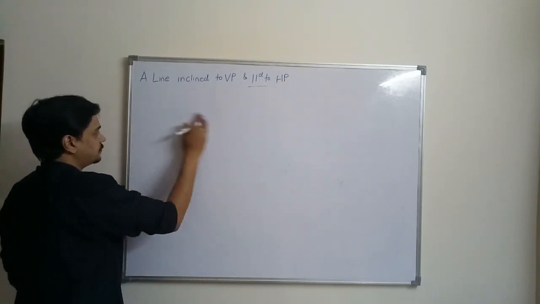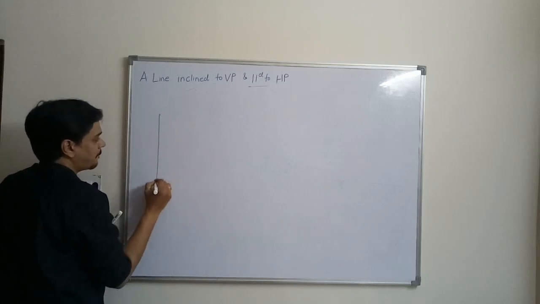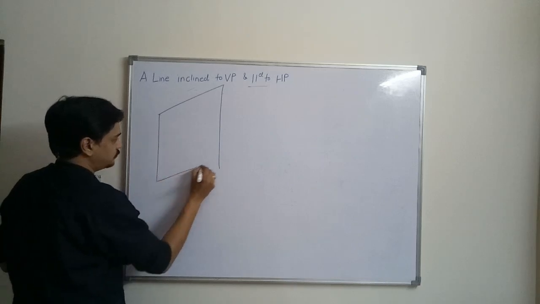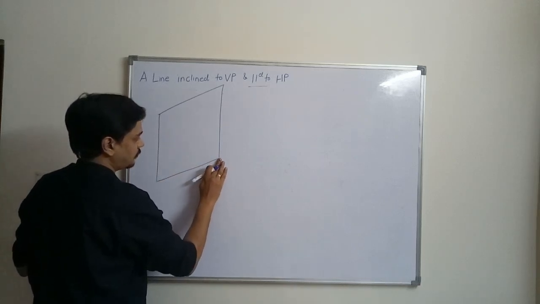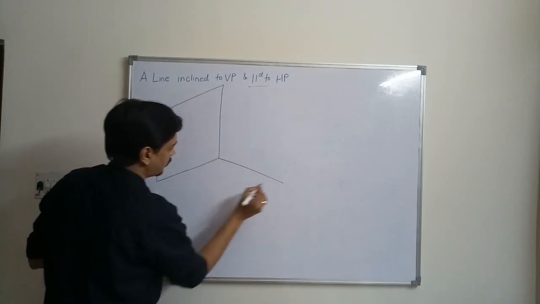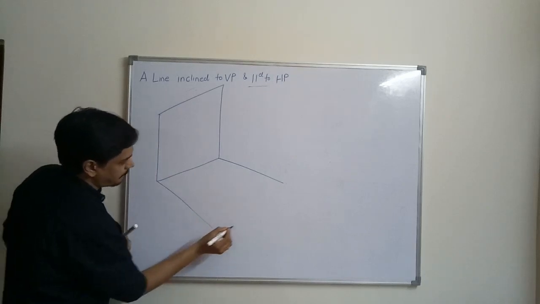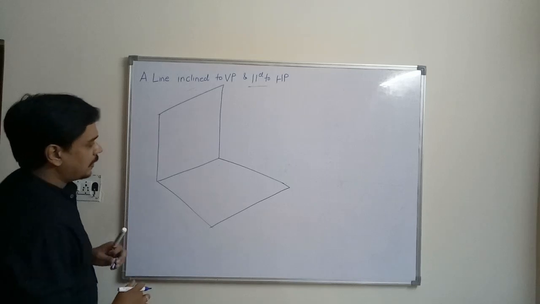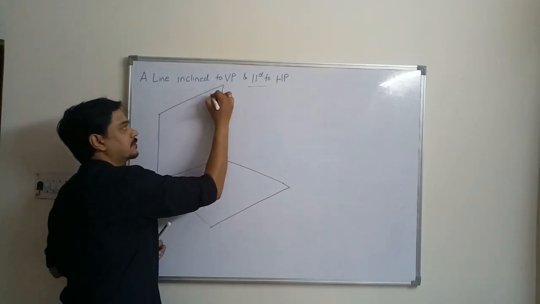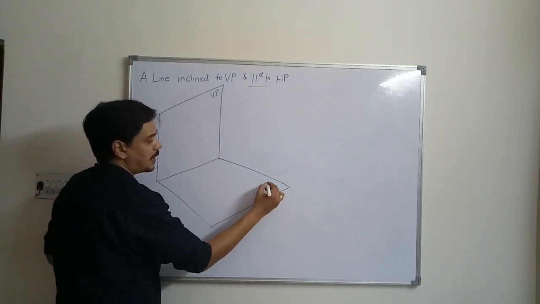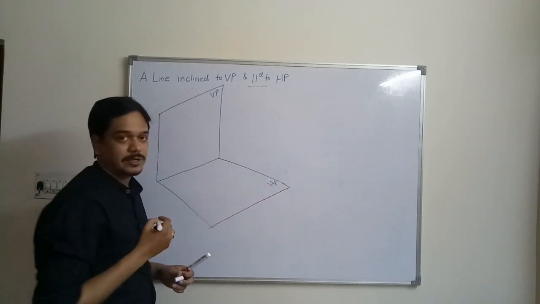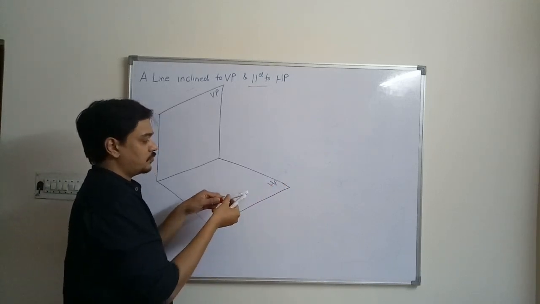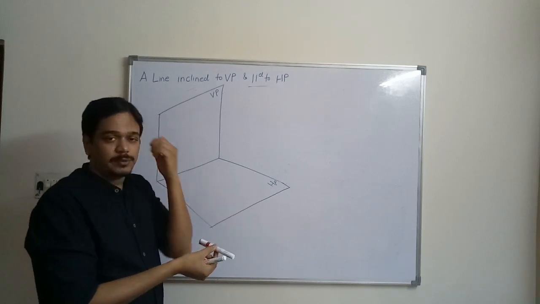So just to draw this, let us take these two planes. This is VP and this is the horizontal plane. Now the line is inclined to the vertical plane and parallel to the horizontal plane.